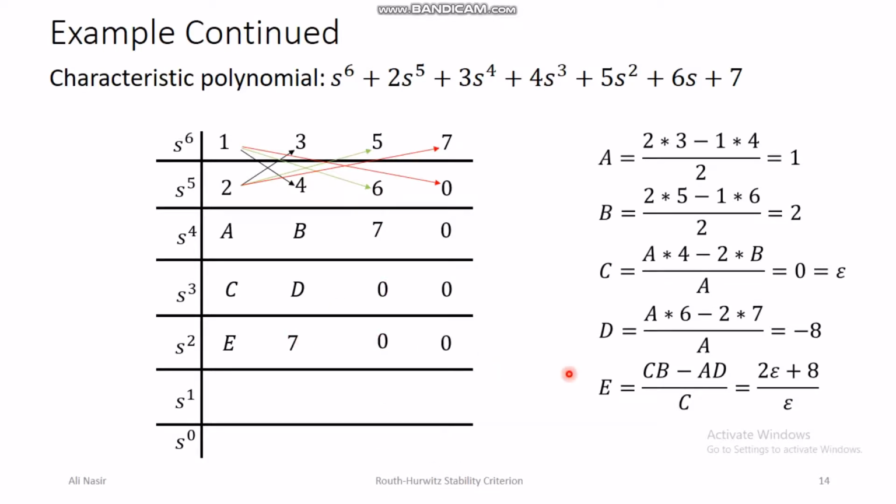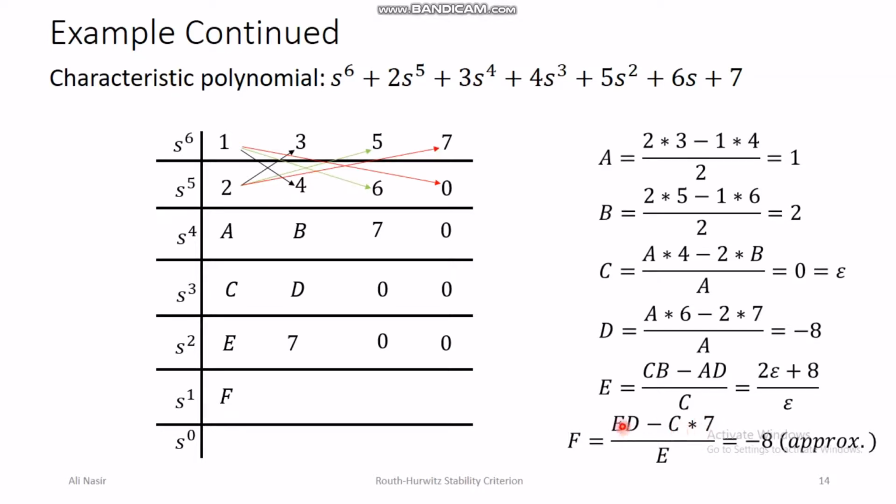Similarly, the final row is E into D minus C into 7 divided by E, which is F. This approximately turns out to be minus 8. If you take epsilon to be nearly 0, it is very close to minus 8, because C is epsilon, which is nearly 0, so this term goes away.